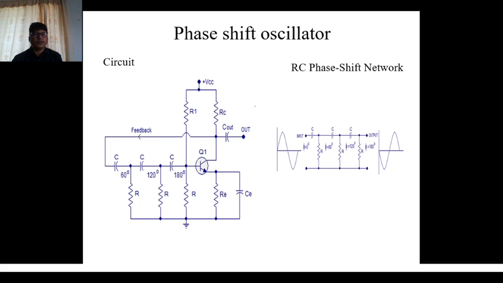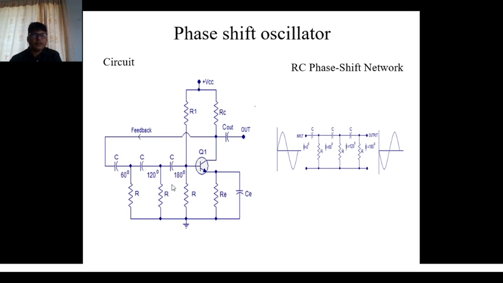It consists of three RC feedback networks for producing a total phase shift of 180 degrees, that is 60 degrees per section. So this is one section, here you get 60 degrees. In the second section you get another 60, meaning a total of 180 degrees.